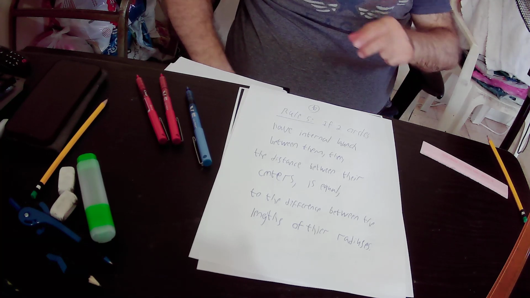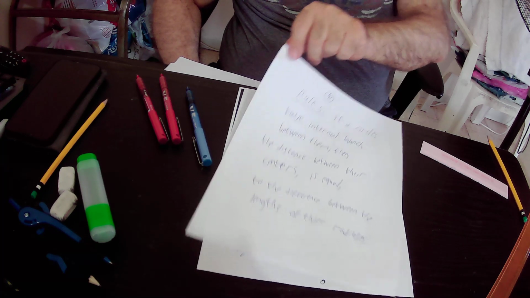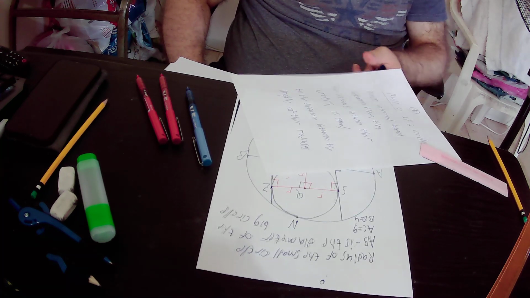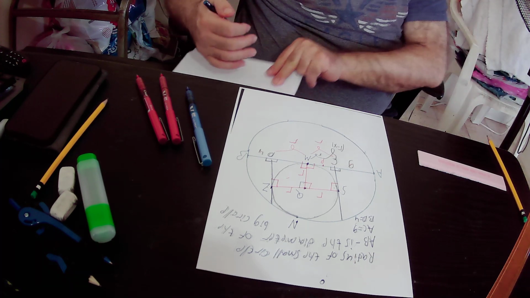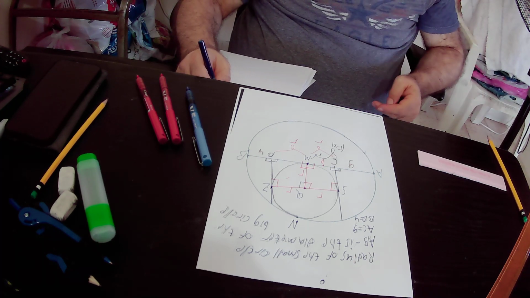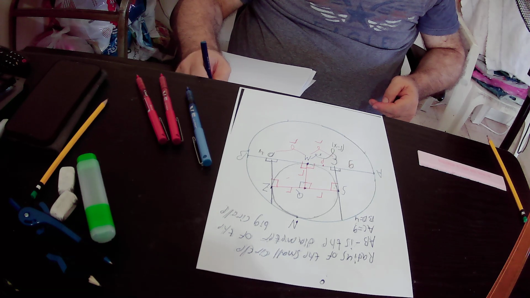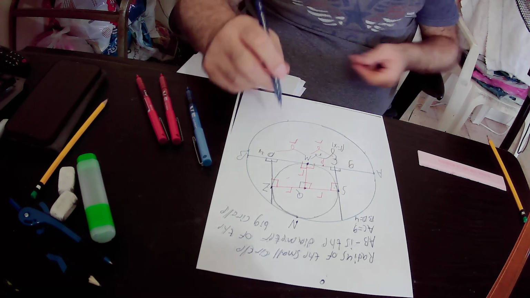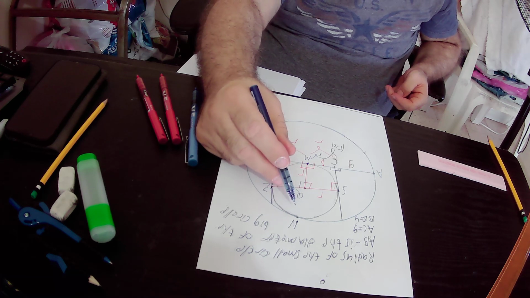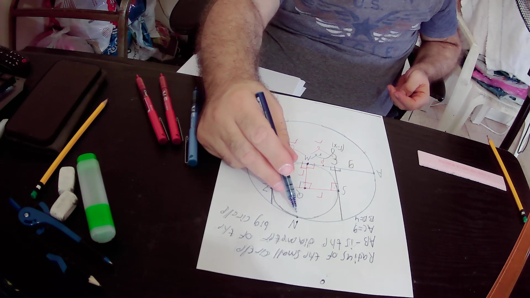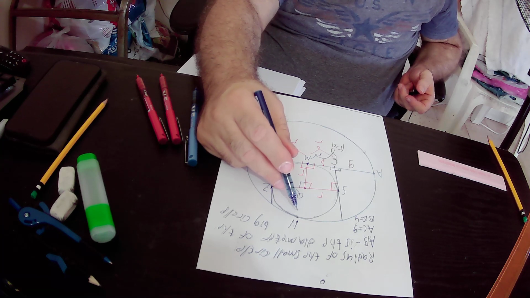Okay, so hopefully we can implement rule number 5 in our two circles, because we have here at point N an internal tangent between the two circles. Actually they are touching each other at point N, so they have an internal tangent between them, so we can implement rule number 5.